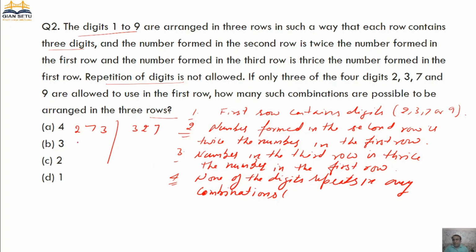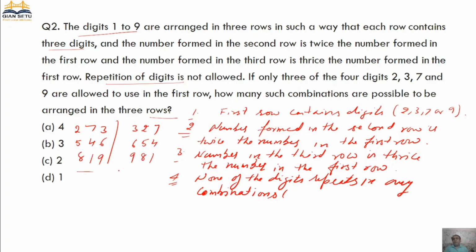Okay, now the number in the second row will be, since it is twice the number in the first row, it will be 546, and here we have 819, right? Similarly, here we have the other combination, right?